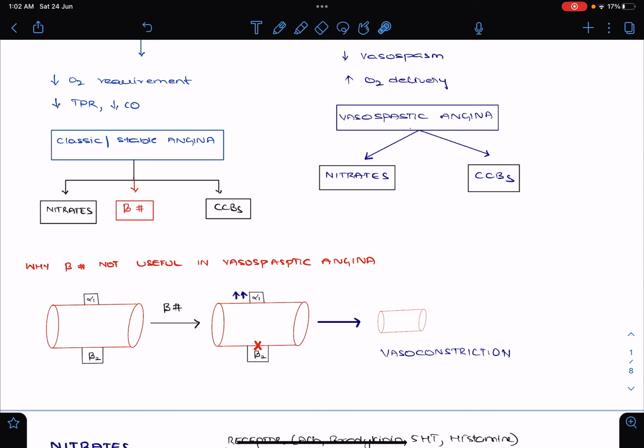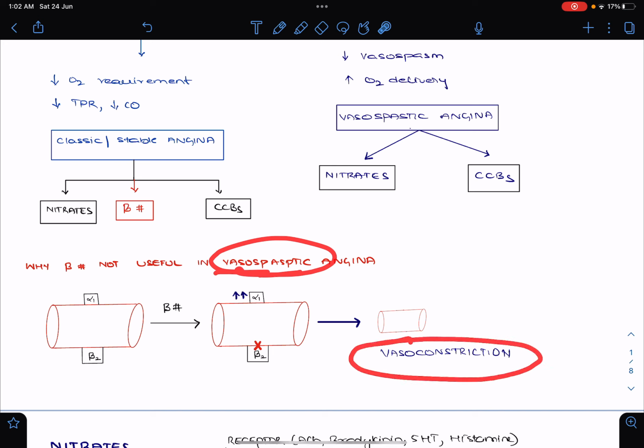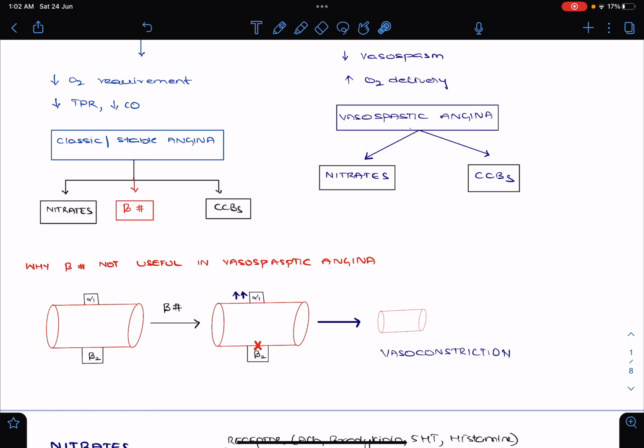It is to cause vasodilation. Since the beta 2 receptor is blocked, the alpha 1 activity will become predominant. There will be an exaggeration of alpha 1 activity, which will lead to vasoconstriction. Since there is already a vasospasm in vasospastic angina, if you produce vasoconstriction on top of that, the patient may develop other complications.